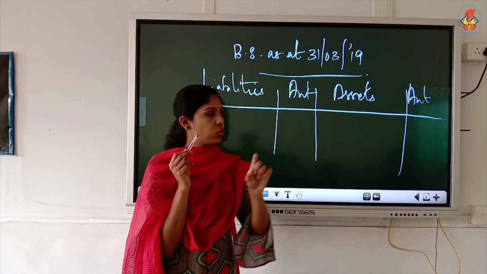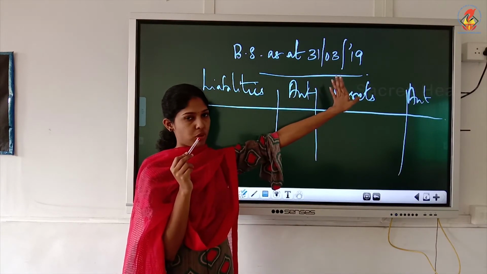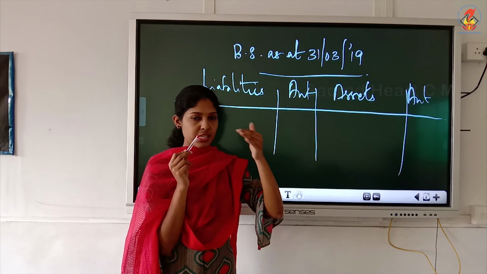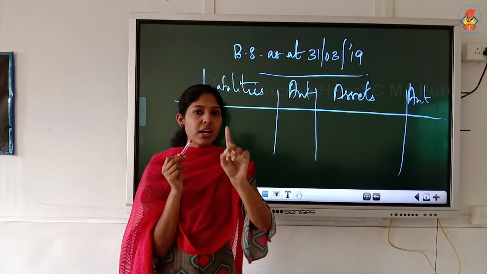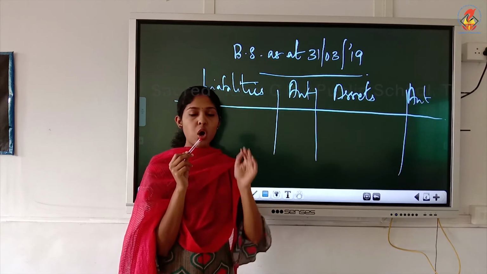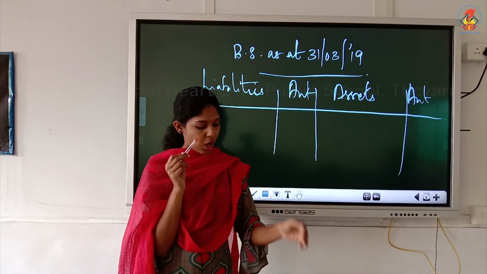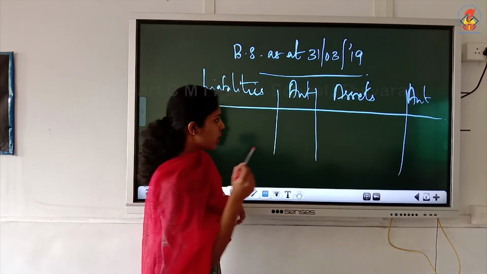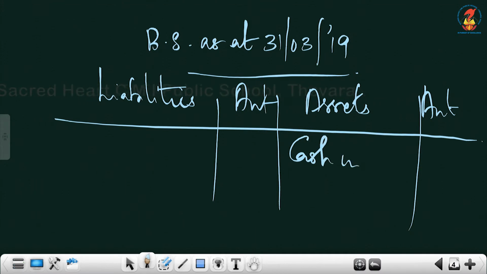Now we are doing the opening balance sheet, that you have to remember. From the receipts and payments, only one value will be taken. That is the opening cash balance or opening bank balance. Opening cash balance, here we have 1,41,300.